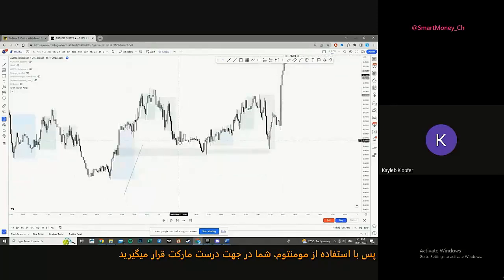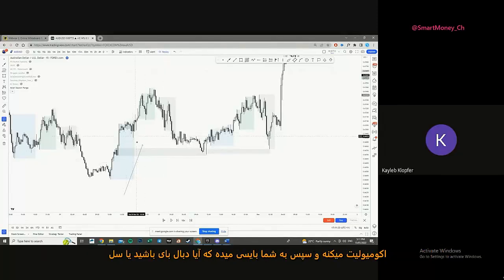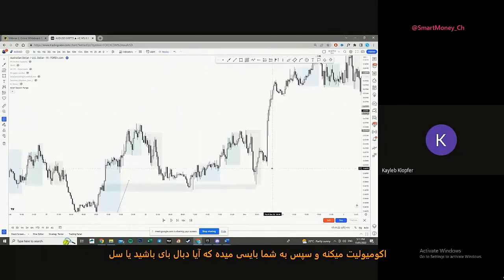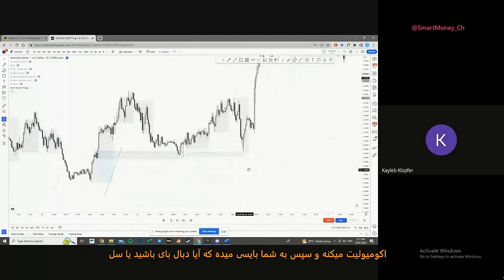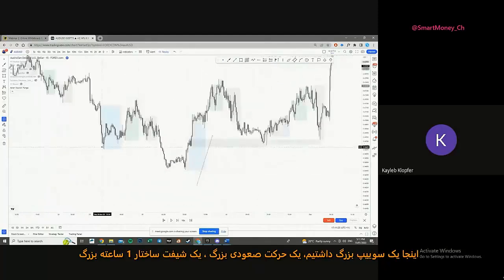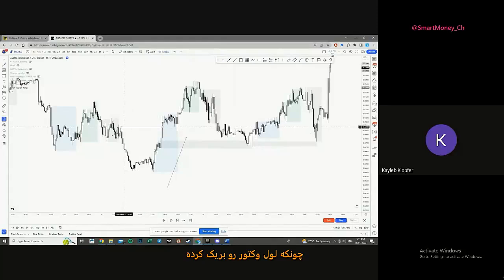So it puts you on the right side of the market, finds where you're actually inducing rather than having internal breaker structures where you're accumulating, and puts a bias on how you should be buying or selling. Just like in this case, we had a big sweep, a big push, a big 1 hour market structure shift, because we broke that vector level.